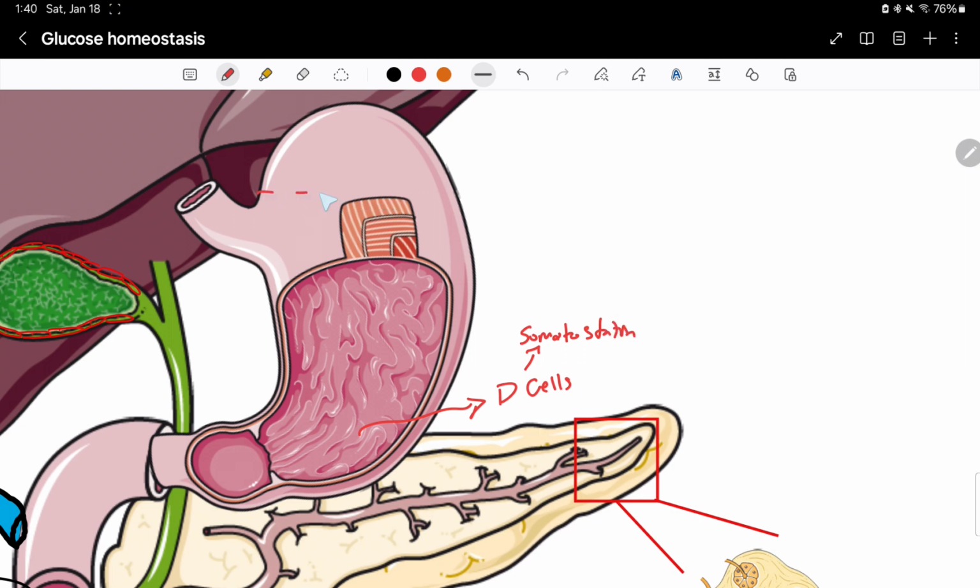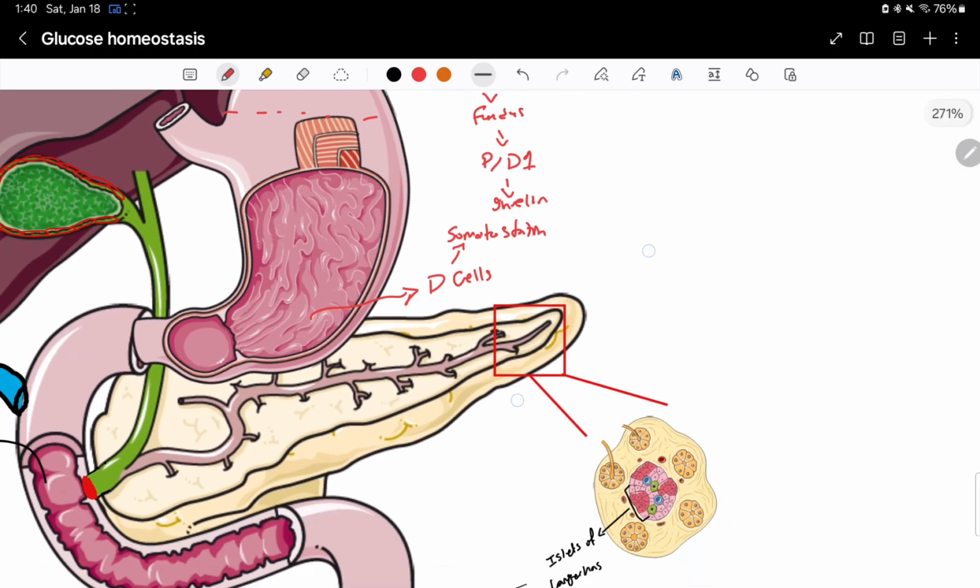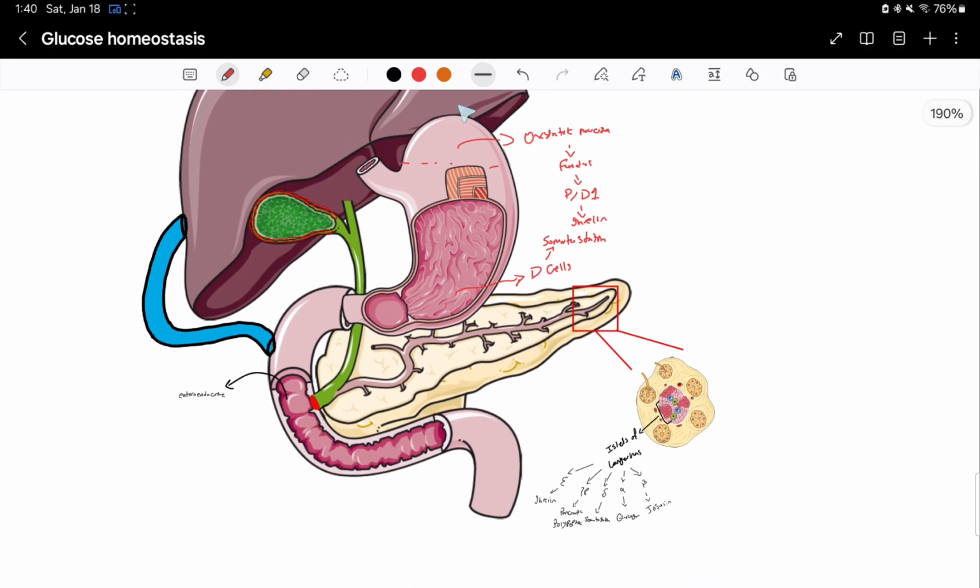And ghrelin, at the level of the stomach here in the fundus, specifically in the, again, the oxyntic mucosa, okay? At the fundus, you have specific cells called P/D1 cells that make ghrelin, okay? Cool. I just wanted to let you guys know that other places make these kinds of hormones.